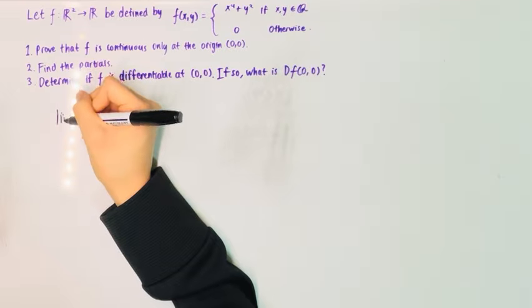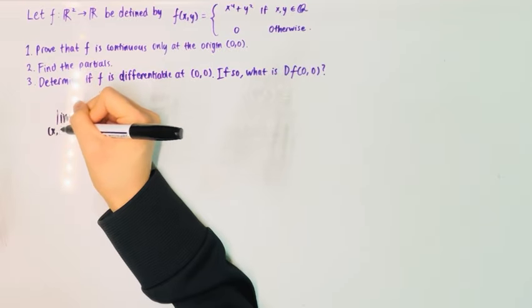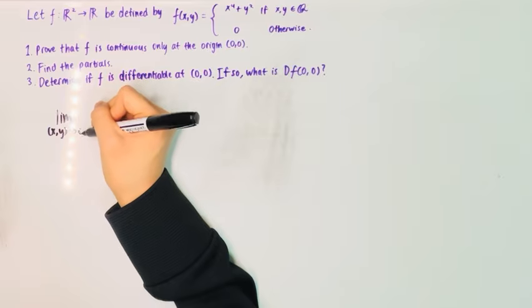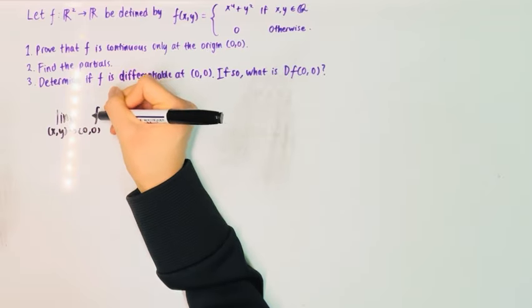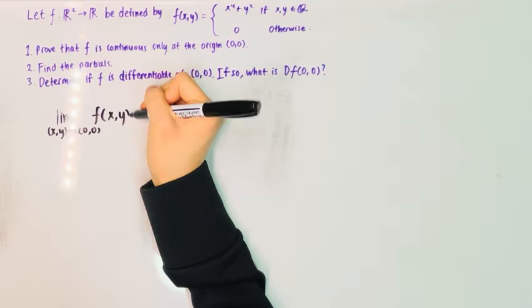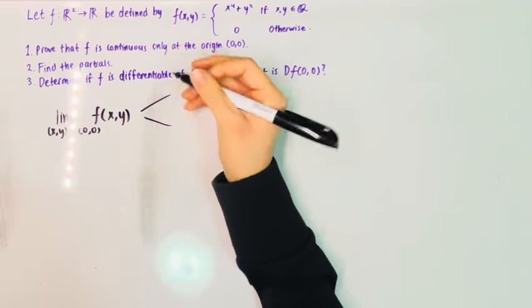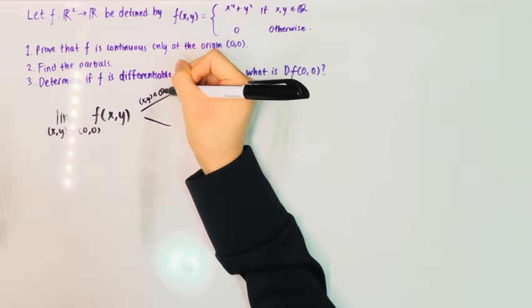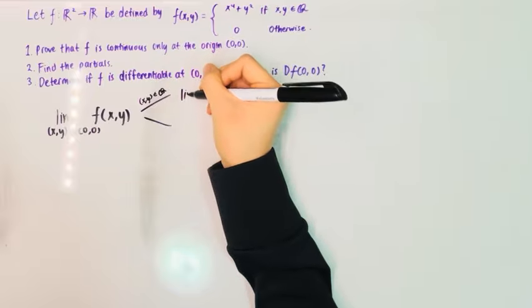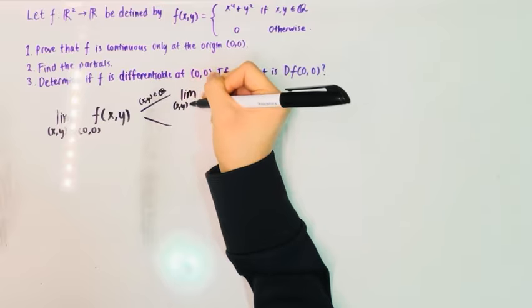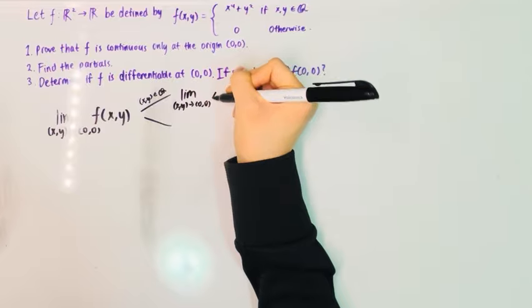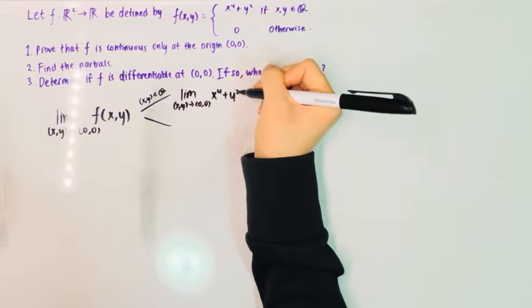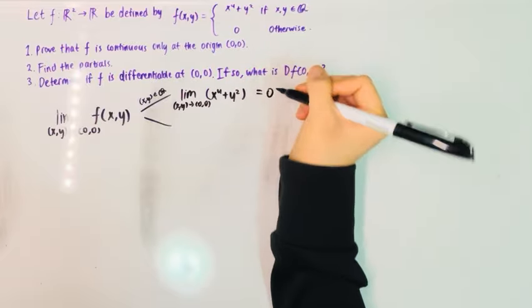Okay, the (0, 0) case is pretty easy, so we just have to calculate this. In the case that (x, y) is rational, the limit as (x, y) goes to (0, 0) of x⁴ + y² is equal to 0.